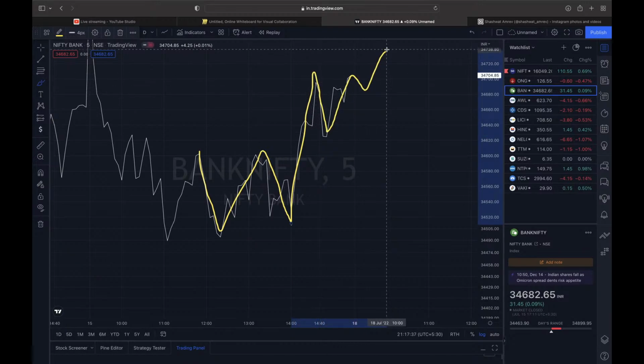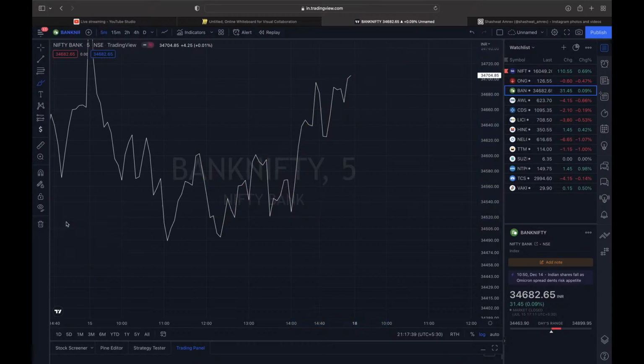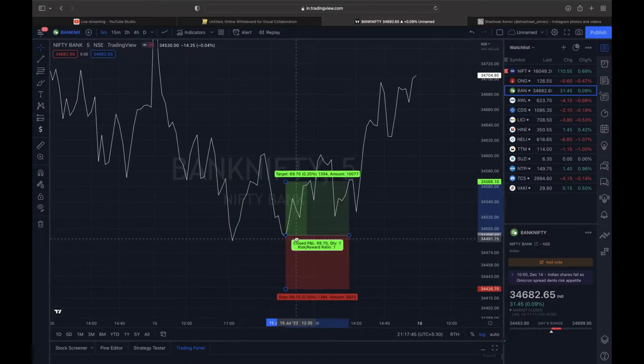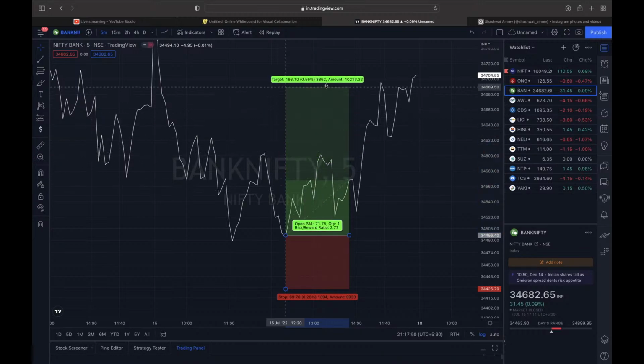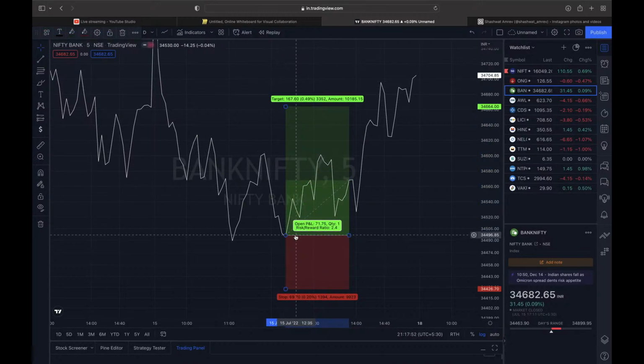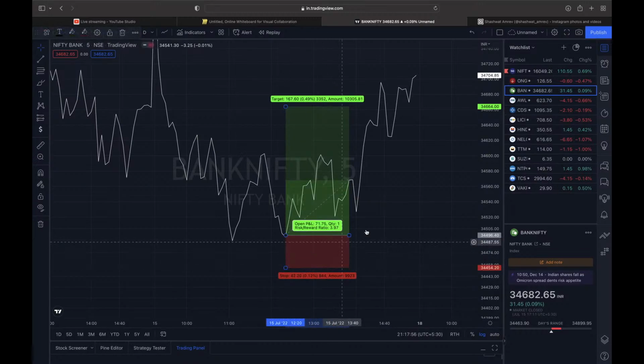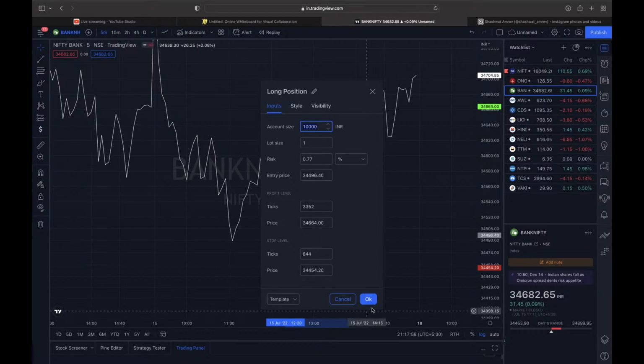Now just check this out. I go long over here. Long means, I told you in the last session, right? And my reward should be on the higher side because I'm playing long. Risk is, for example, this, okay? Now it will automatically tell me what is my risk reward.